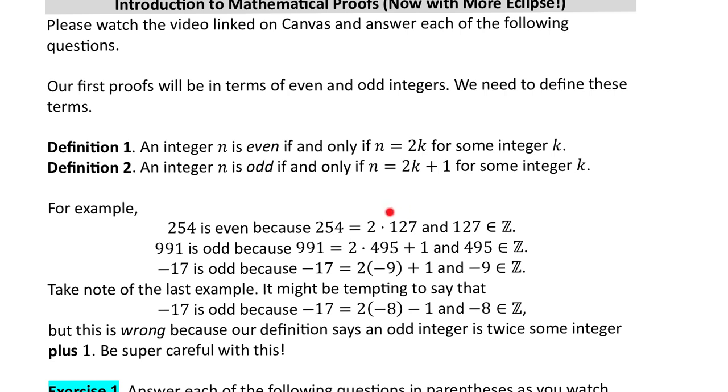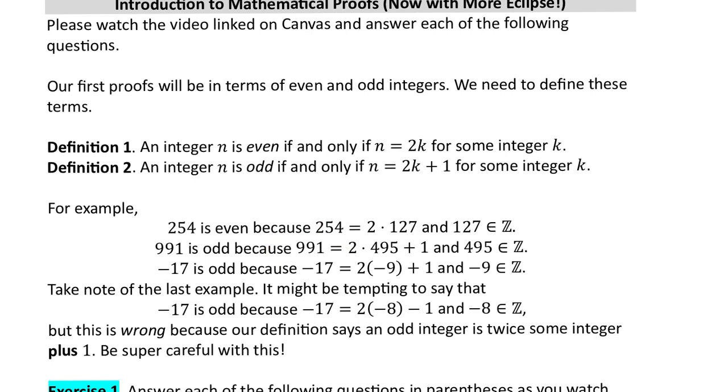Why? Because we can find some integer, 127, that when multiplied by 2 gives us 254. 991 is odd, not because it ends in a 1, but because there's some integer, which happens to be 495, that when multiplied by 2 and then adding 1, we get 991.